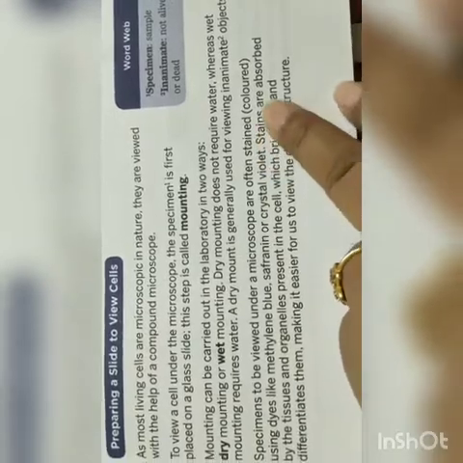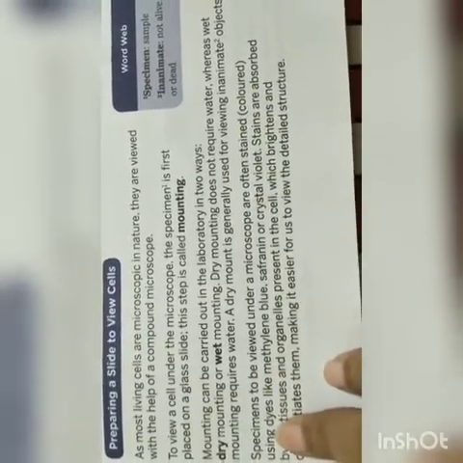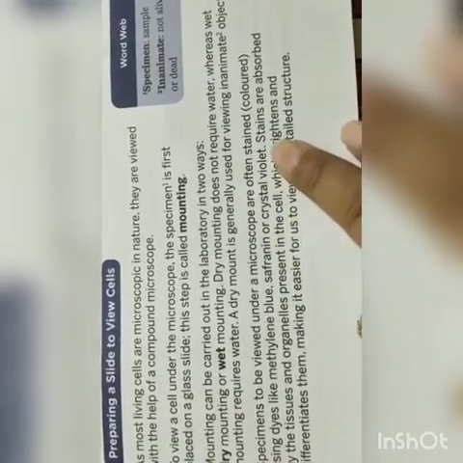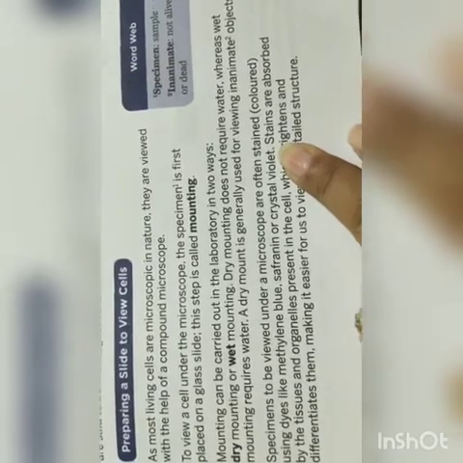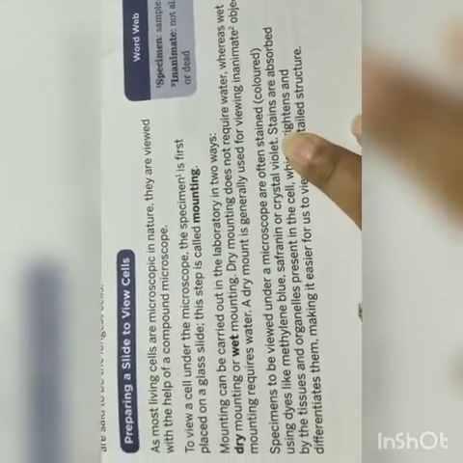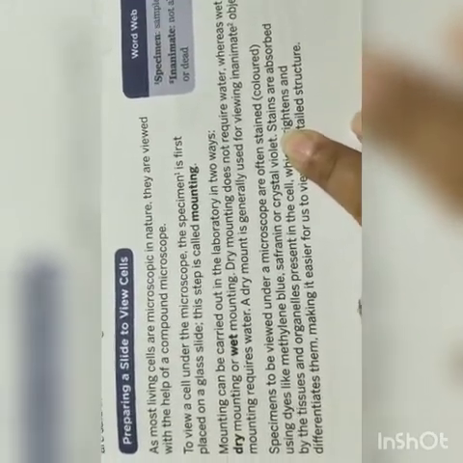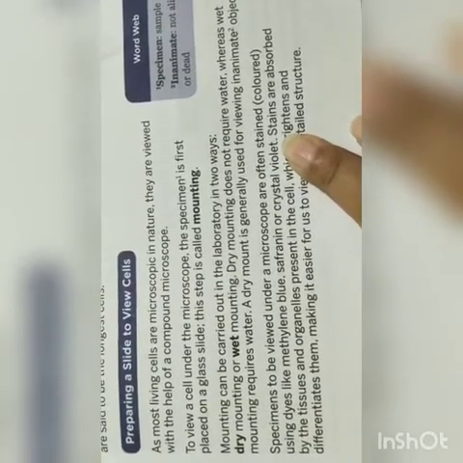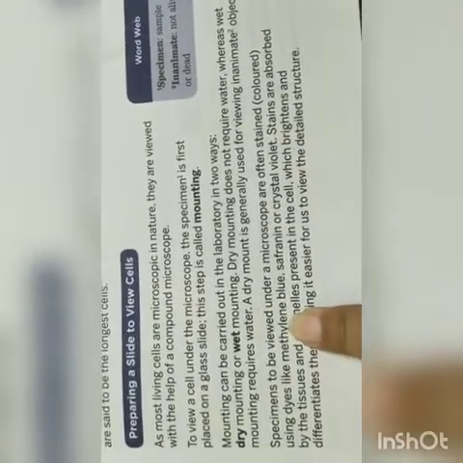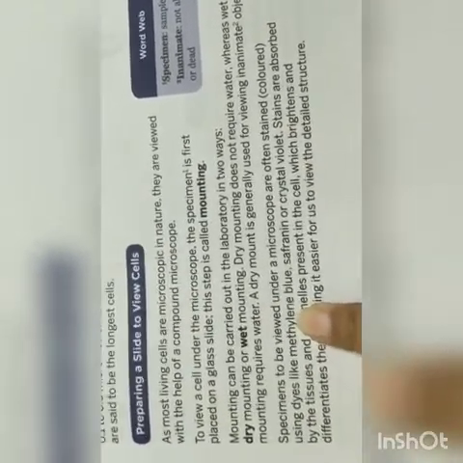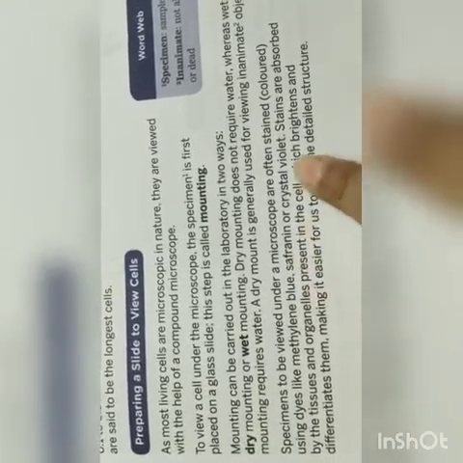Specimens to be viewed under a microscope are often stained using dyes like methylene blue, safranin or crystal violet. Stained means colored. Like we color clothes using dye, for making a slide also there are some dyes. One is methylene blue, safranin or crystal violet.